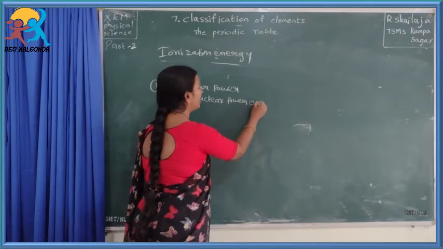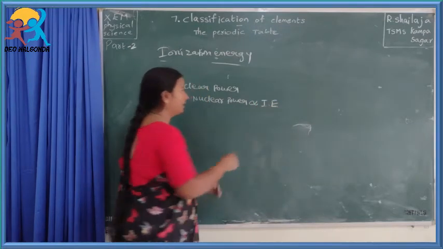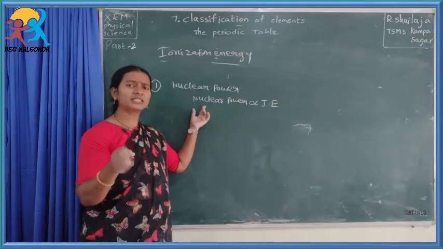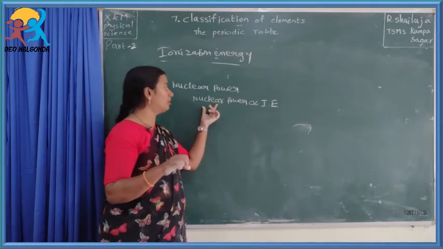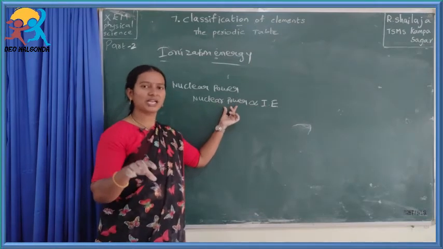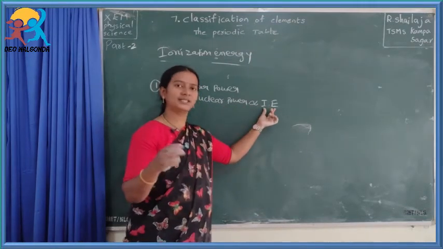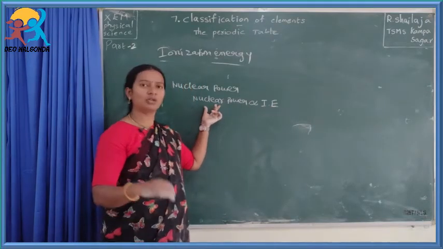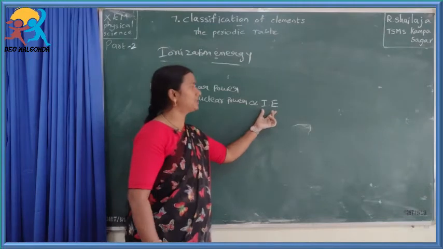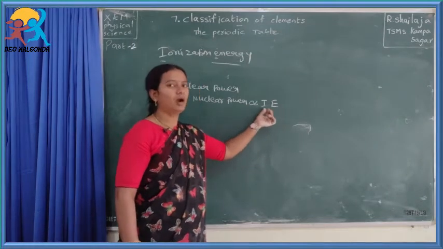Nuclear attraction is directly proportional to ionization energy. The nucleus means positive charge, protons. If the protons attract the outermost shell electron more, more ionization energy is required to remove the electron from the outermost shell. With less nuclear attraction on the outermost shell electron, less ionization energy is required to remove it.